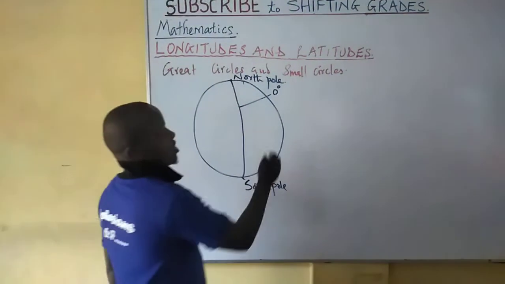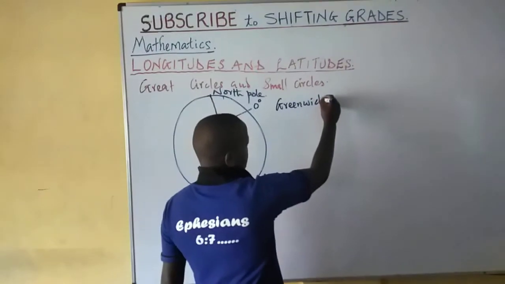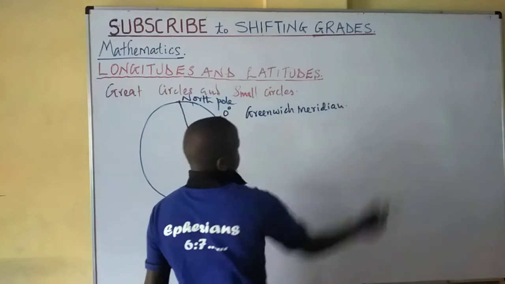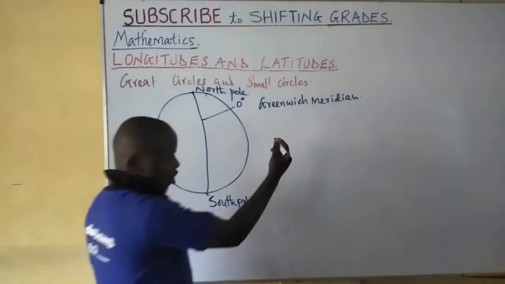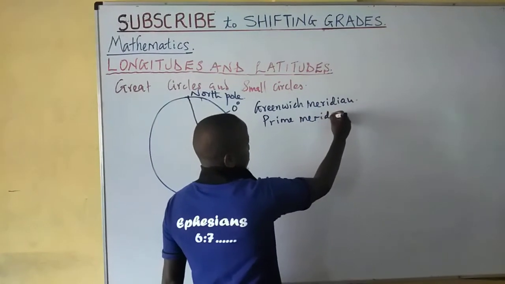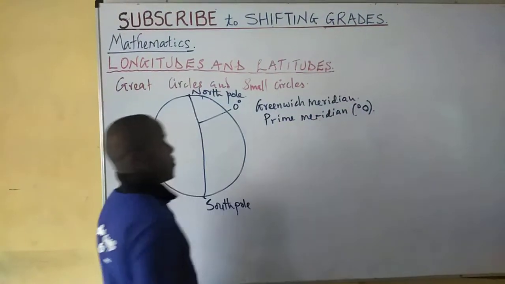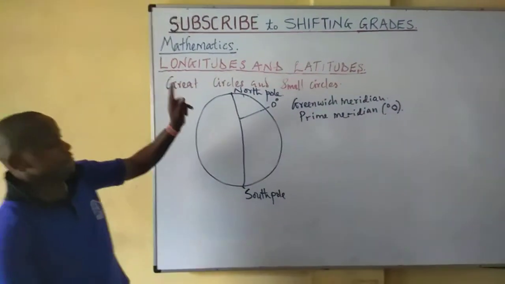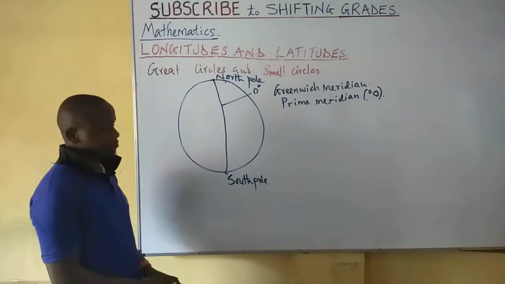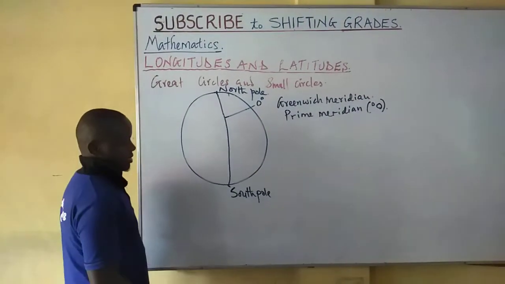We call it the Greenwich meridian, or the prime meridian. It is 0 degrees, prime meridian. Therefore, we have the prime meridian, which runs from the north pole to the south pole of the Earth's surface.